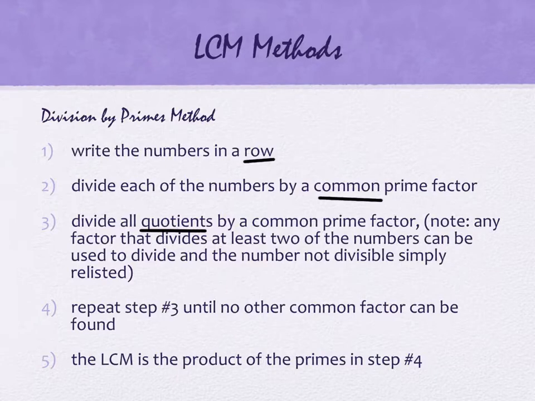Divide all quotients by a common prime factor. Note any factor that divides at least 2 of the numbers can be used to divide the numbers that are divisible, and the number that's not divisible is simply relisted. We're going to repeat step 3 until no other common factor is found. And again, the LCM is the product of the primes.